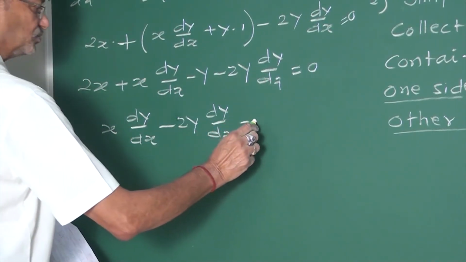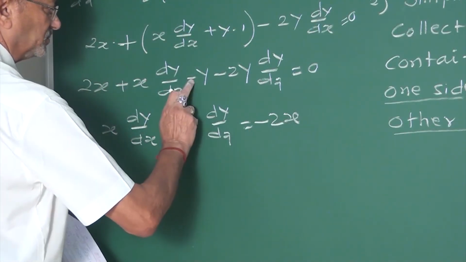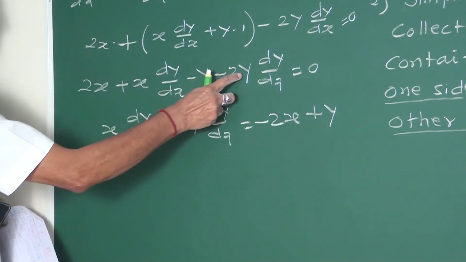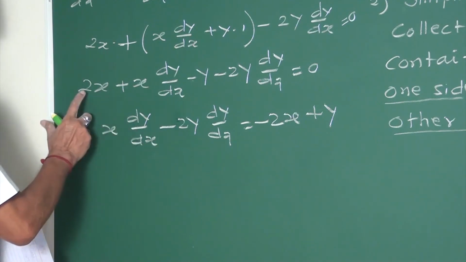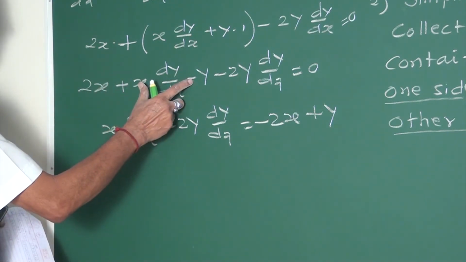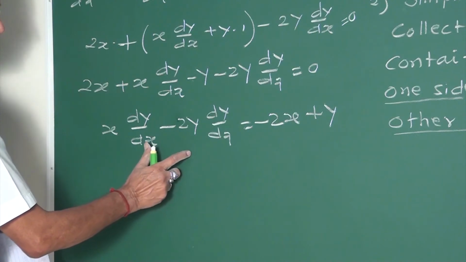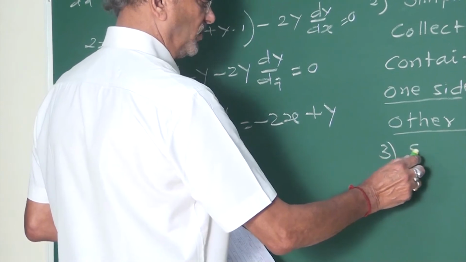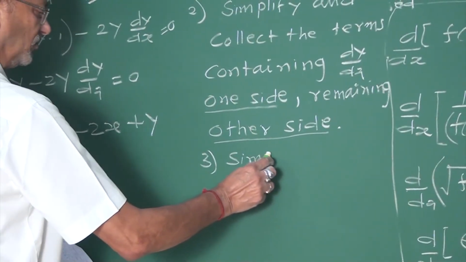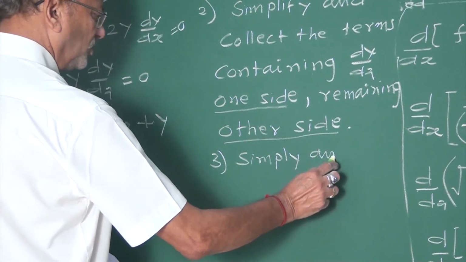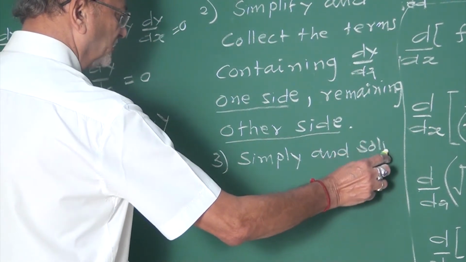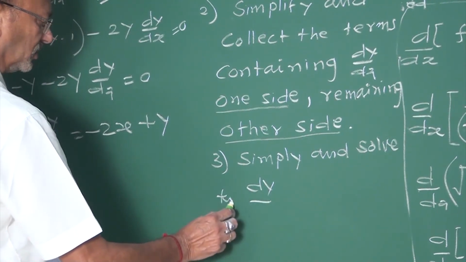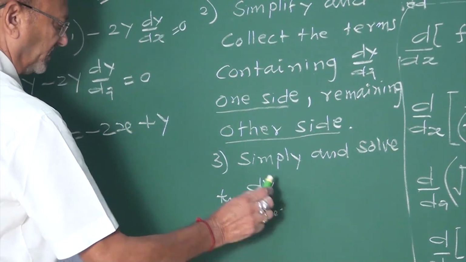This becomes minus 2x, and minus y becomes plus y. There are two terms containing dy by dx on one side, and two terms free from dy by dx on the other side. Simplify once again. This is the third step: once again simplify and solve for dy by dx. Solve means dy by dx on one side, remaining on the other side.